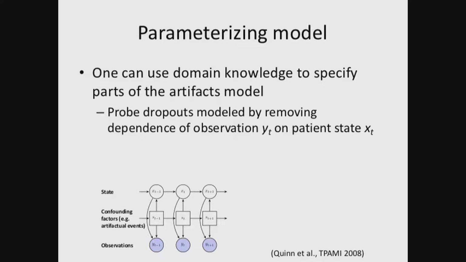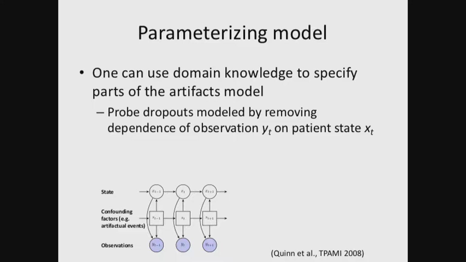So one models the probe dropouts by recognizing that if a probe is removed from the baby, then at least after a small amount of time, there should no longer be any dependence on the true value of the baby. For example, once the blood pressure probe is removed, it is no longer related to the baby's true blood pressure.